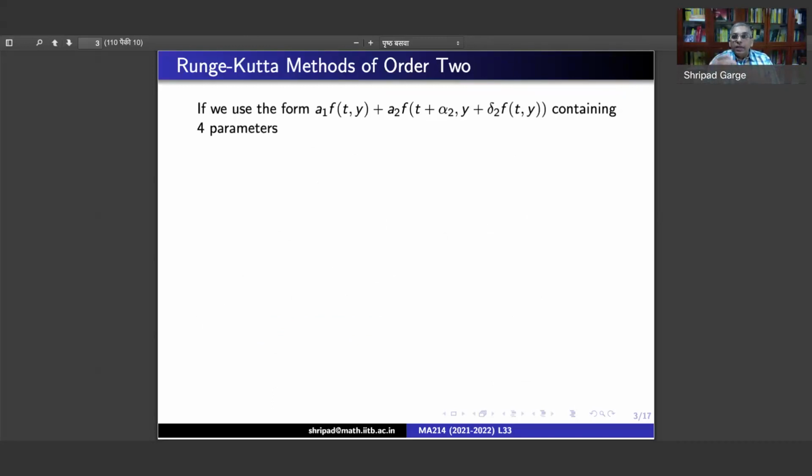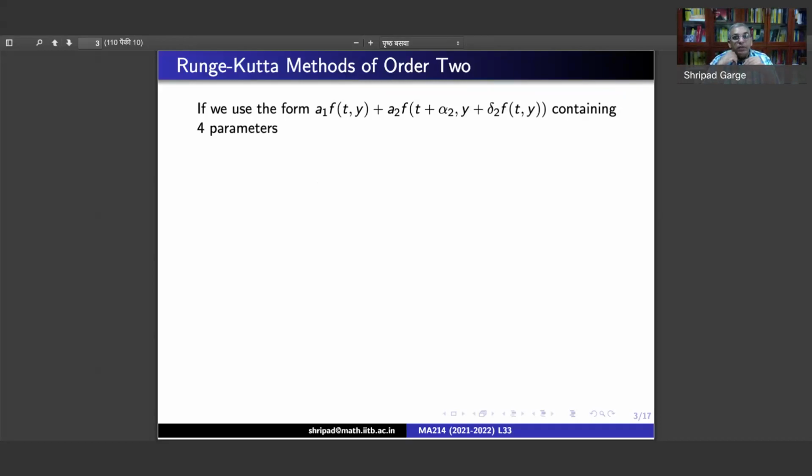So let's say that we are now looking at this. We are changing the form by looking at a1 function value plus a2 function value, and then there is one more function value inside. So this is again of a similar form. You are looking at the second derivative of the function y or the derivative of the function f.